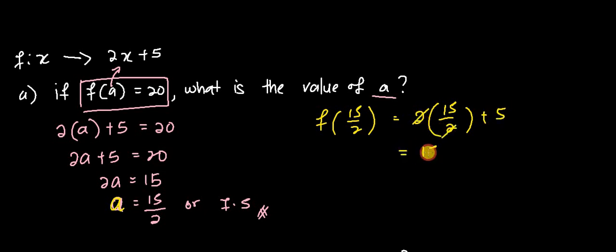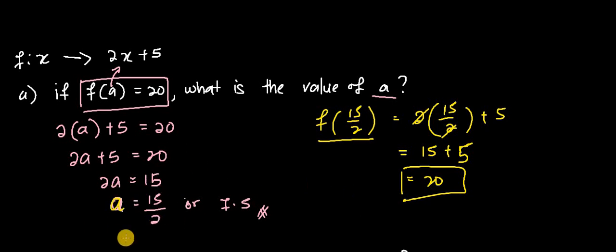And when you do that, you'll get 15 plus 5, which is 20. So from here you see, if f of 15 over 2, or 7.5, whatever value you put inside, you will get 20. So I've already checked that my a answer is correct, because f of a, which means f of 15 over 2, when I substitute inside here, I do get 20.